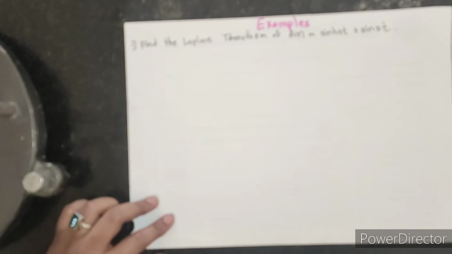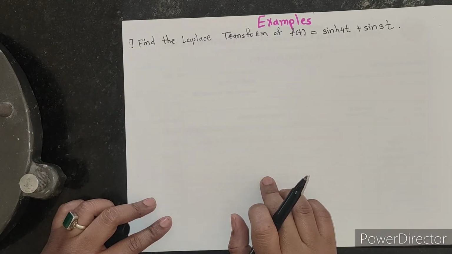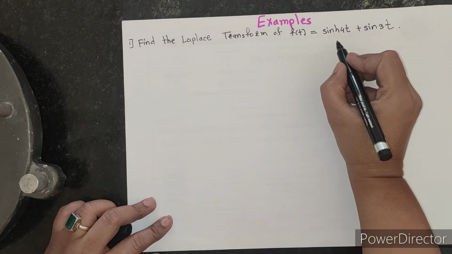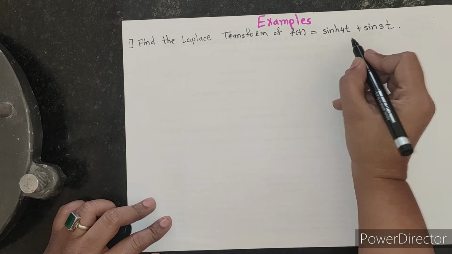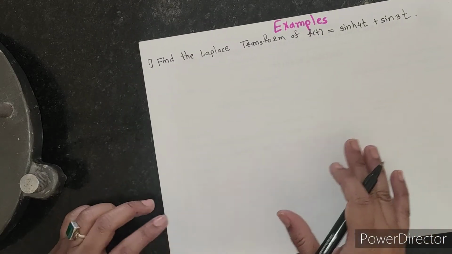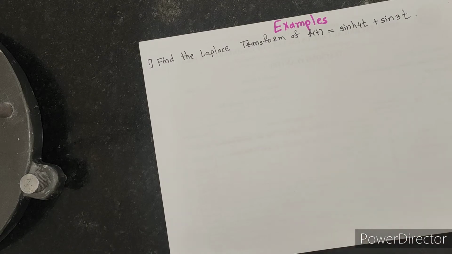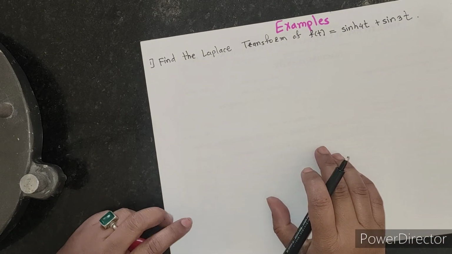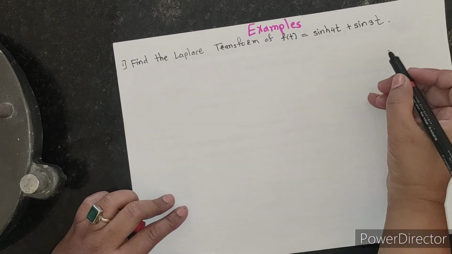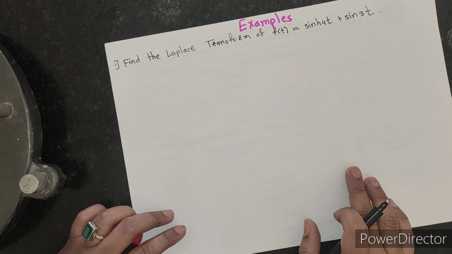First example is, find the Laplace transform of f(t) is equal to sine hyperbolic 4t plus sine 3t. Now, let's solve this example. For solving this example, we have properties of Laplace transform and we have standard formulas.